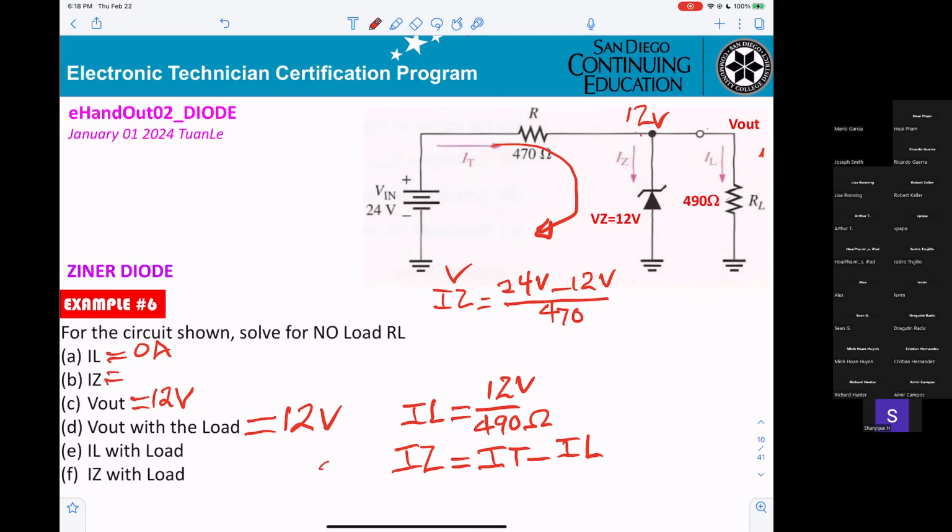That means without the load, the total current will go to the diode. Now with the load, that total current will go to both IZ and also I L.